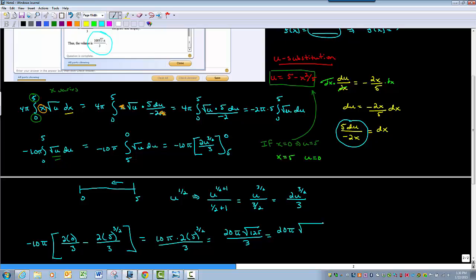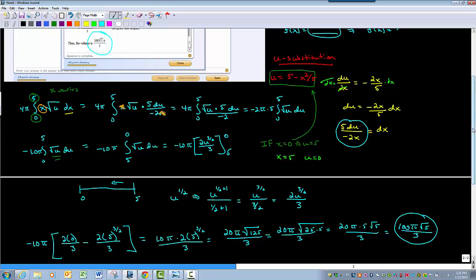Of course, this is going to be 25 times 5, right? And you could have done this earlier, okay? So I'm well aware of that. So this is 20 pi times 5 square roots of 5 over 3, which is 100 pi times the square root of 5 over 3. Okay, this is your solution.